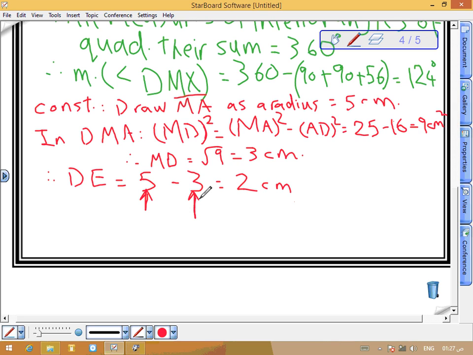So the remainder will be DE equal 2 centimeter, and this was the second required in this problem.